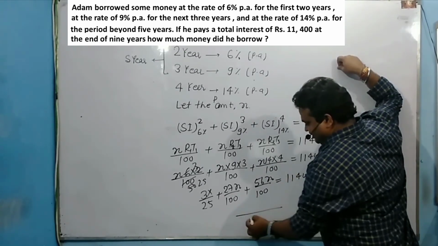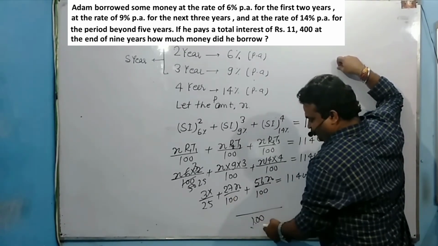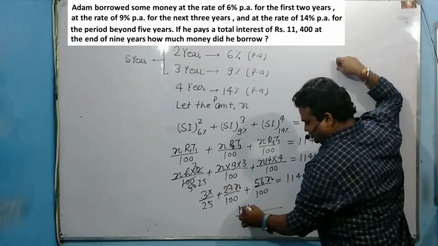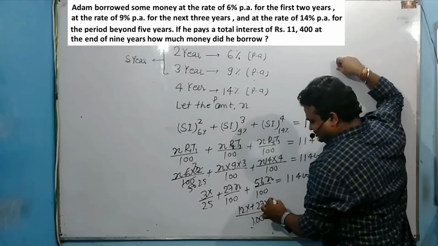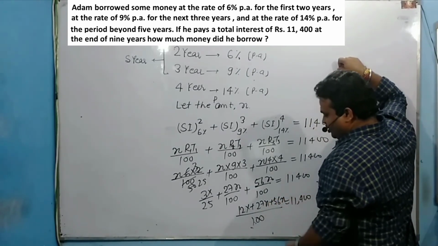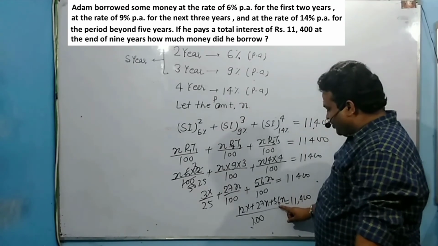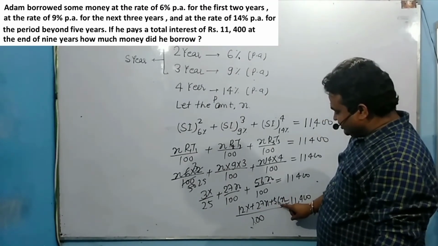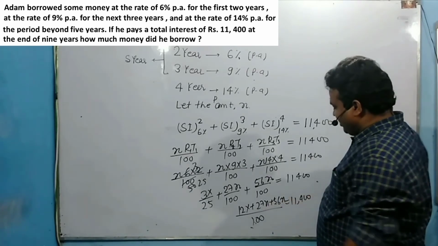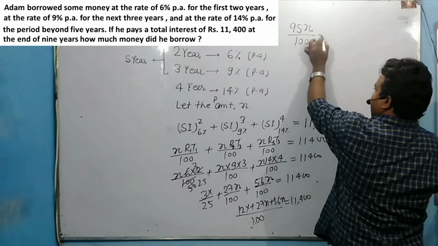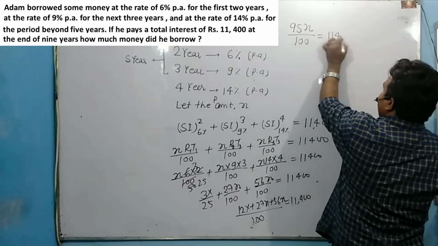11,400. Take LCM. LCM is 100. 4 times gone. 25 4s are 100. So 4 3s are 12x plus 27x plus 56x is equal to 11,400. Now 56 plus 12 comes 68, 68 and 27, 95x. So from here 95x divided by 100 is equal to 11,400.